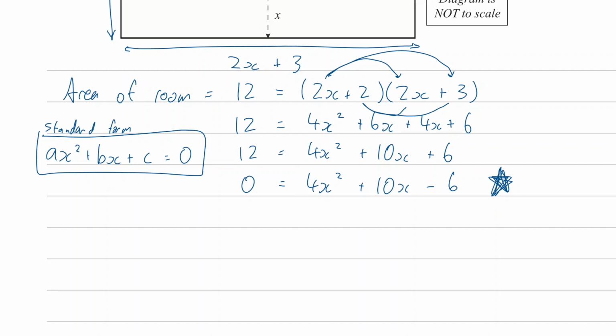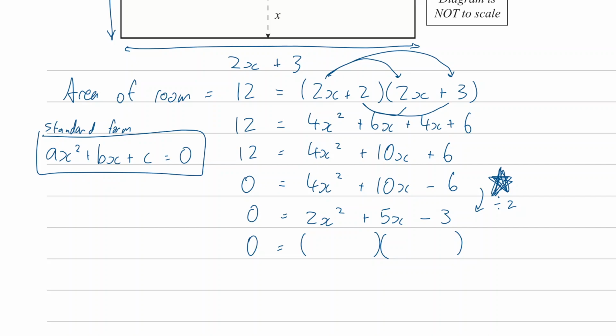And then 4x squared divided by 2 is 2x squared. 10x becomes 5x. Minus 6 becomes minus 3. So we just divided both sides by 2. That simplifies the quadratic a bit and makes it easier to factorize. Speaking of factorizing, we can do that now. We have our 2 sets of brackets.